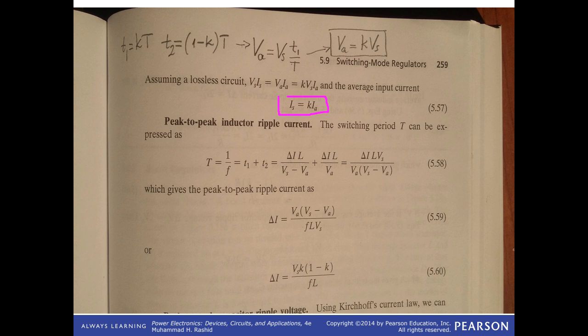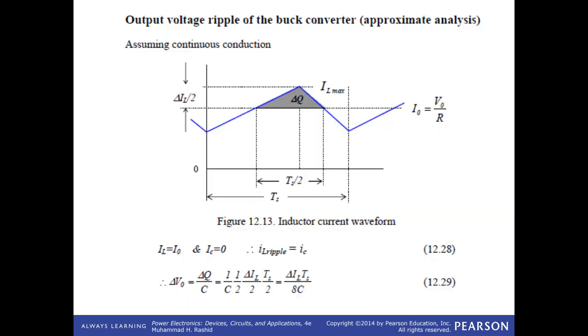Now let's concentrate on the capacitor voltage as well. Capacitor current is changing from minimum to maximum, and then from maximum to minimum, and then the same pattern. But what is Q, by the way? There is a famous equation.